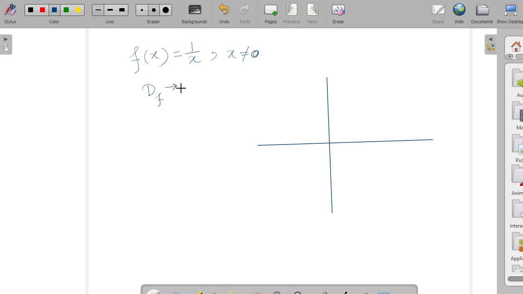So the domain of this function is the set of all real values R excluding 0 from that set of values.